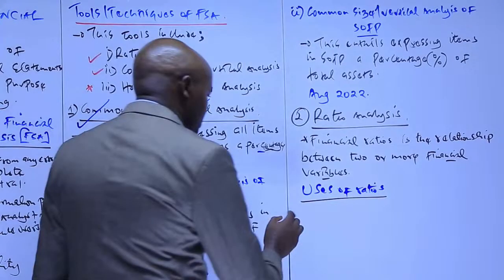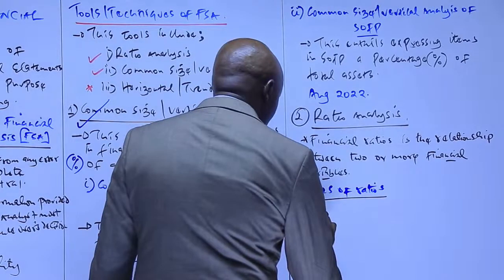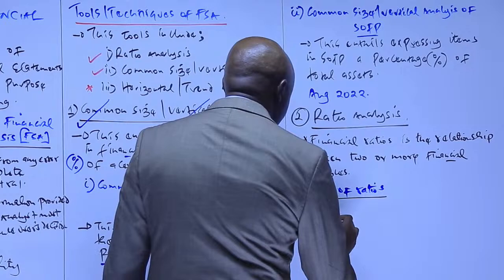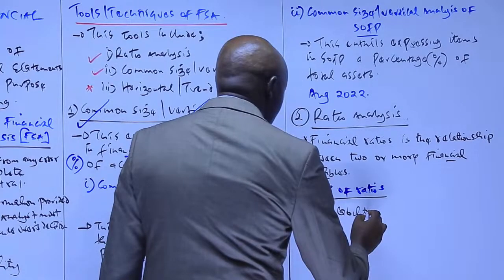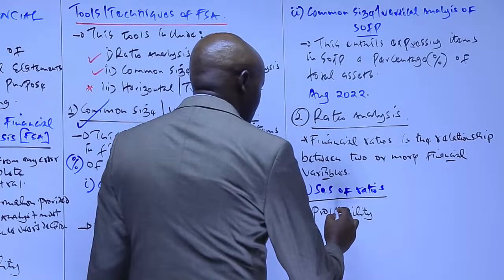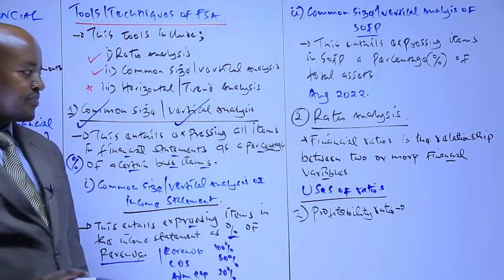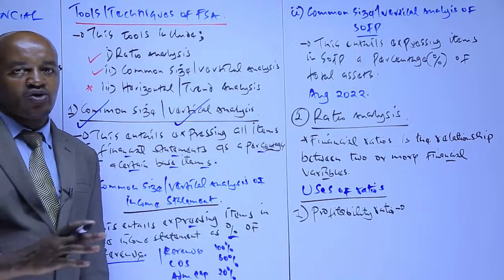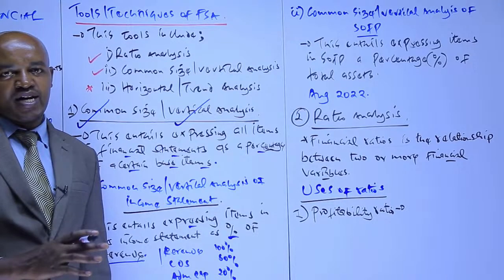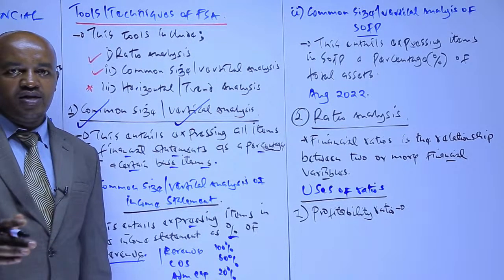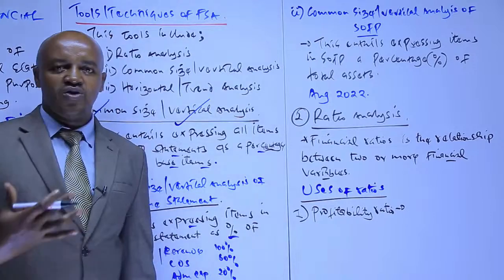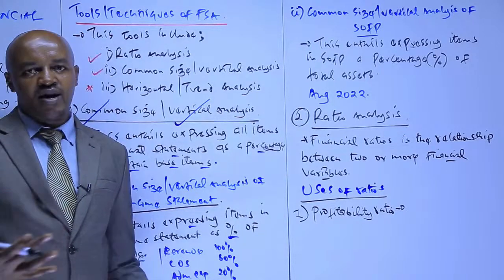So let's start by looking at the uses of the profitability ratios. Now, these particular ratios are used in measuring the performance of the company's management, because if the company is performing well, then that is as a result of the good performance of the company's management.